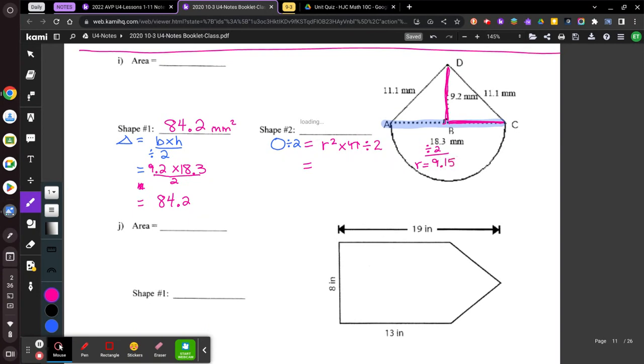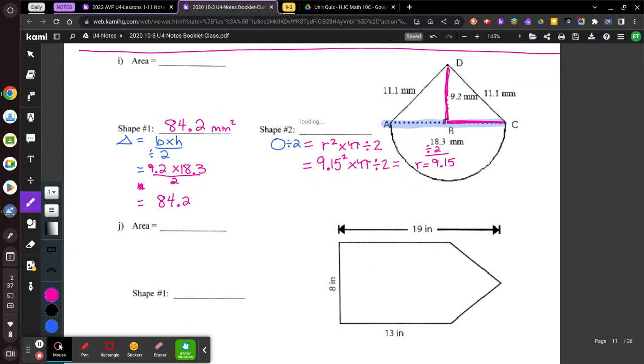You use those numbers on the end. It's 9.15. You use all those digits. So my radius, 9.15 squared times pi divided by 2 equals. That's what you're putting into the calculator.